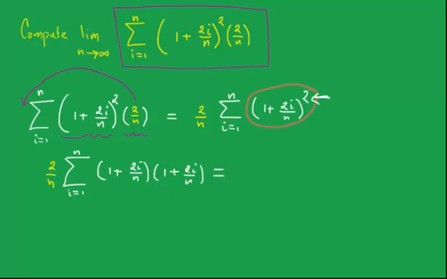So this becomes 2 over n in front still, times, now we have to FOIL.